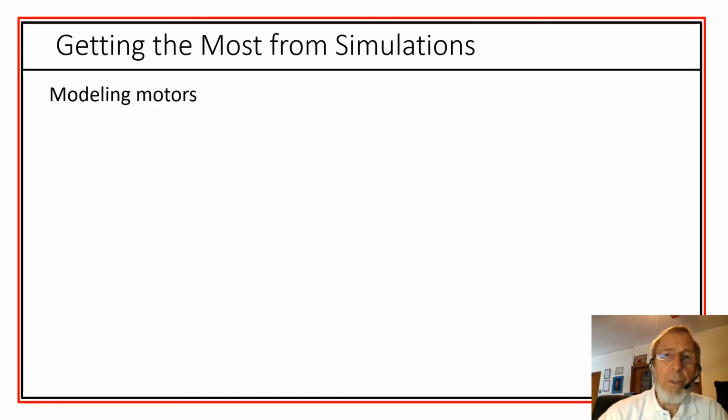Now, let's pick up some points here. We learned from the simulations that torque and speed will help us pick the best motor. In this last simulation we did, we had to have a certain speed to get the ball launch velocity and the torque to get the recovery.